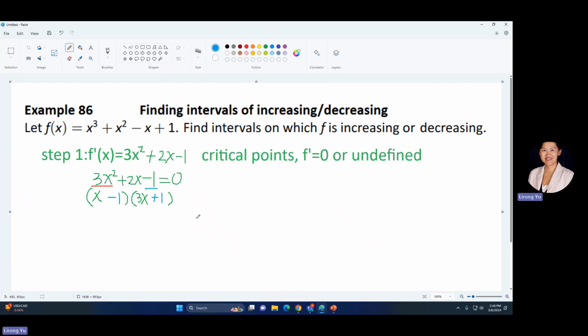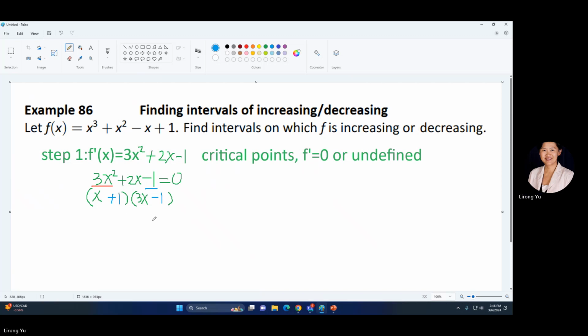Right? It didn't work, right? If you do it this way, then the negative 1 has to multiply 3x, and this x multiplied by 1. You can combine this to get negative 2x, but we want a positive 2x. So we kind of have to switch the sign. Maybe this one should be positive and this one should be negative, and that works out.